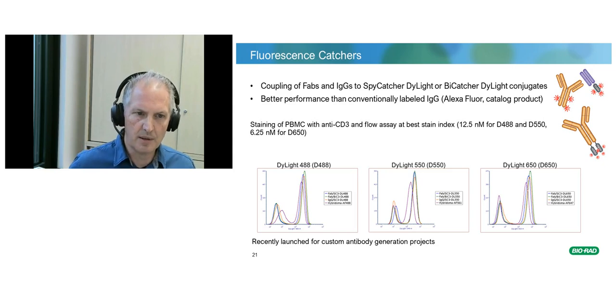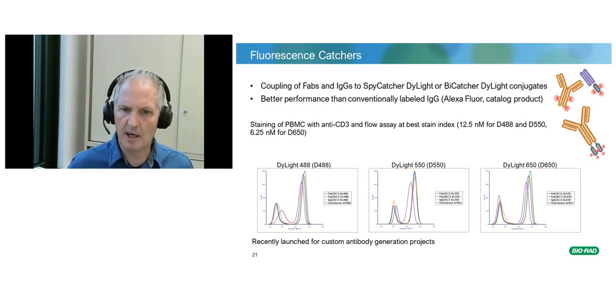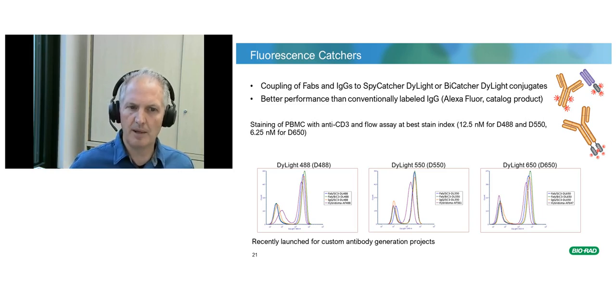And the blue curve is the monovalent Fab coupled to the monovalent SpyCatcher. So you can basically see for two examples of the three, the bivalent are slightly better than the monovalent, and the three coupled antibodies perform better than the conventionally labeled antibody which we currently have in the catalog.